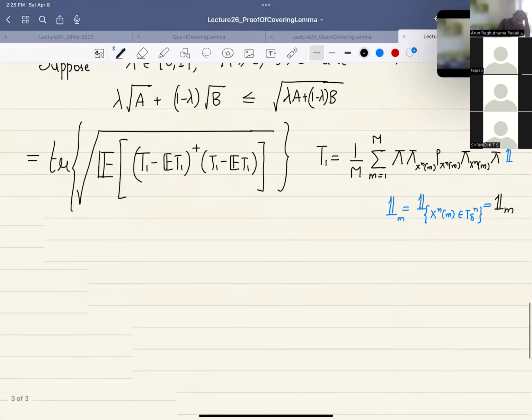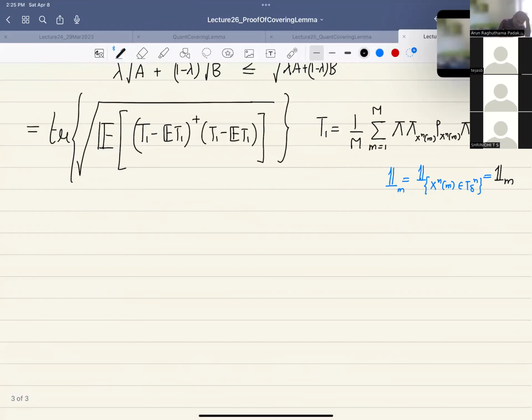So what am I doing? We can use the distributive law in the space of operators.